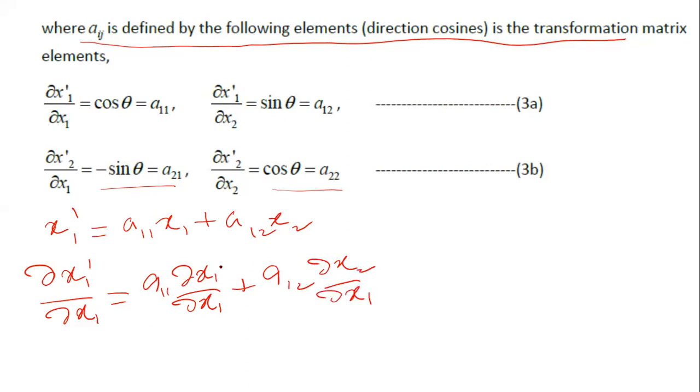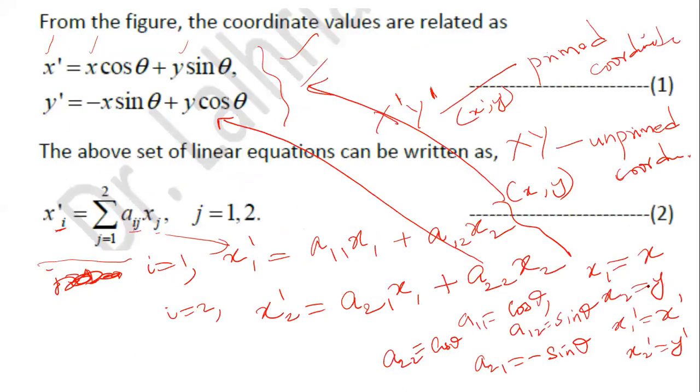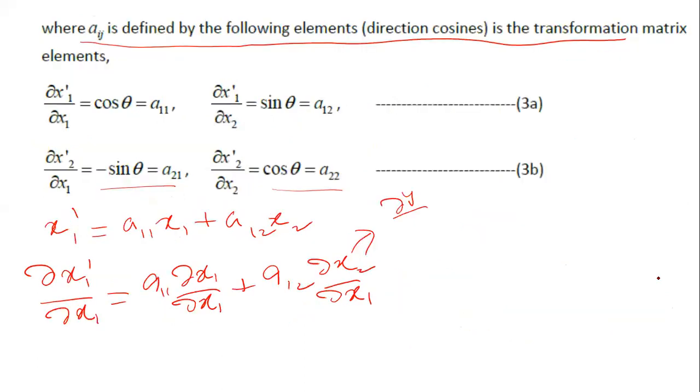So x1 and x2 are coordinate variables. x2 is y, as I just explained. Without indices you can represent it as x, y, z; with indices, I represent it as x1, x2, x3. So del y upon del x is 0.